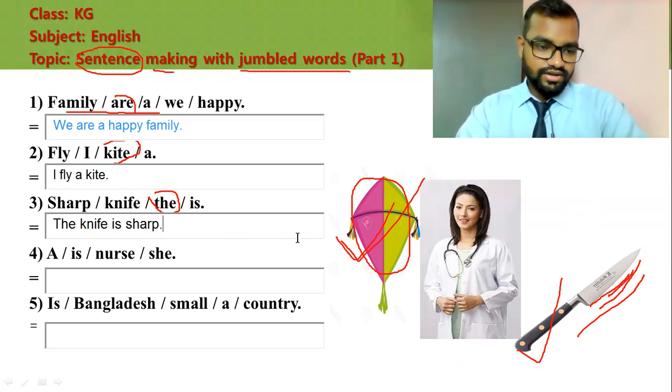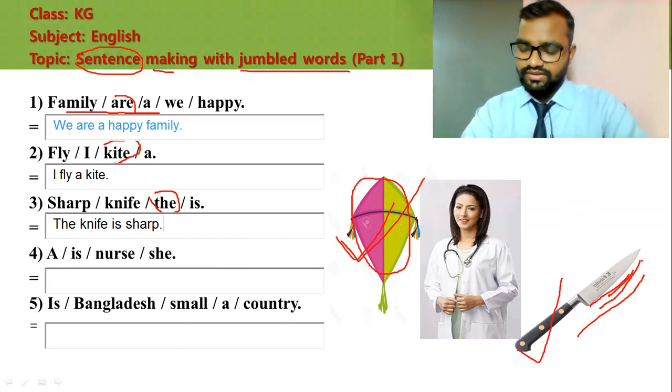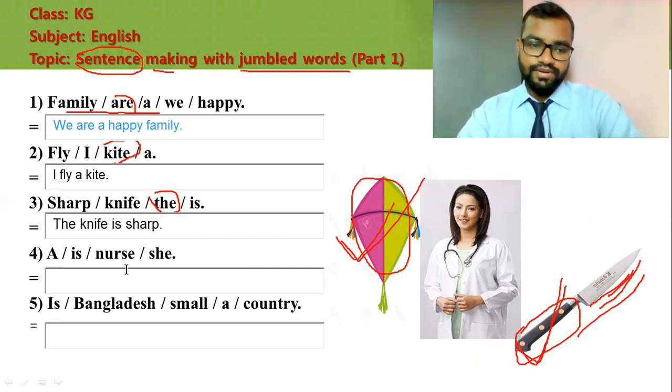You can cut your hand, okay? All right, so the knife is sharp, right? How is the knife? The knife is sharp, okay? Very good. And this is the handle of the knife, and this is the blade of the knife. And this part is very sharp.